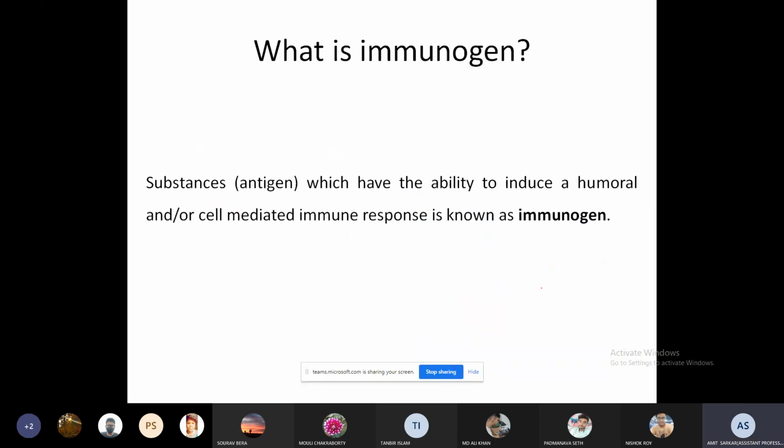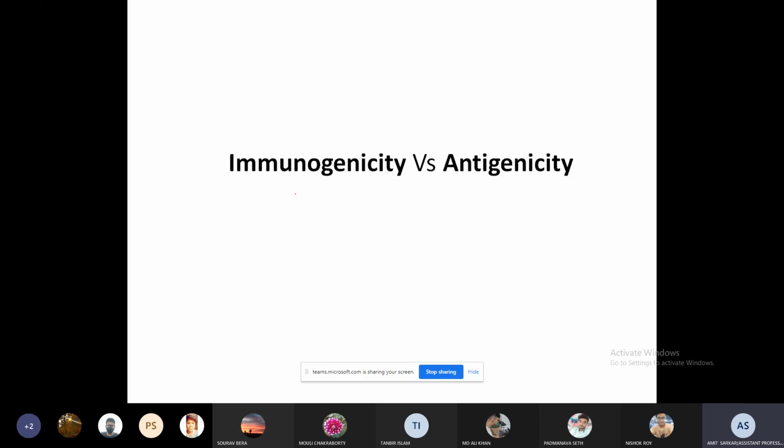So all antigens are not necessarily immunogen, but all immunogens are of course antigen, because that is the thing we started with. Okay, all antigens are not immunogens, but all immunogens are necessarily antigens.